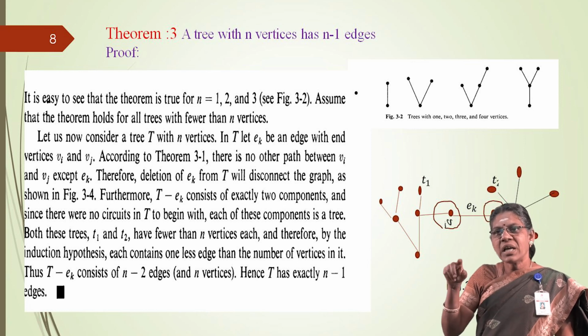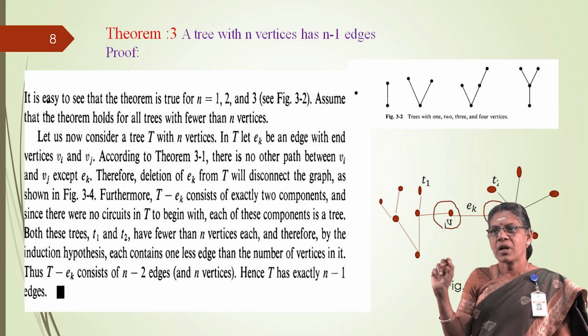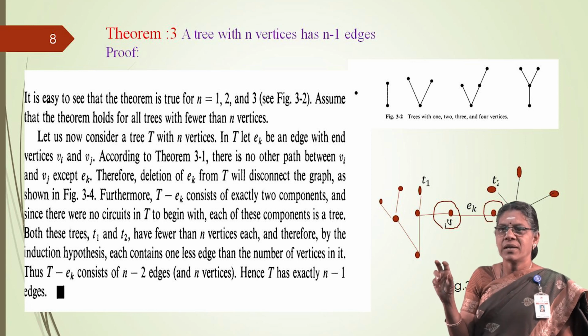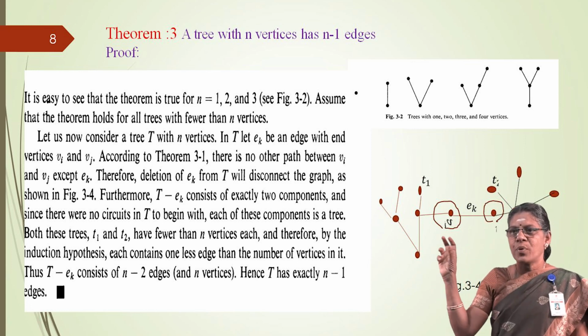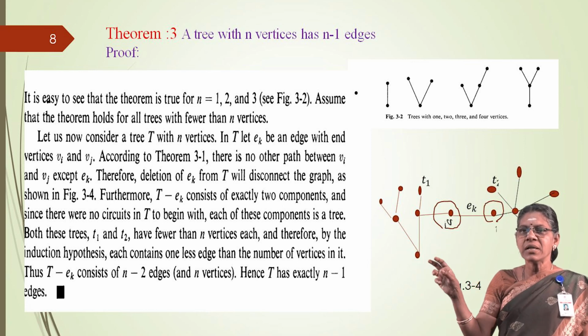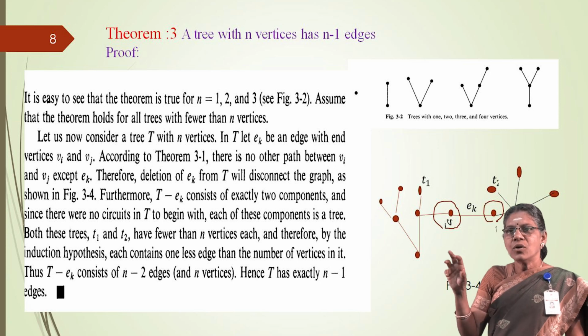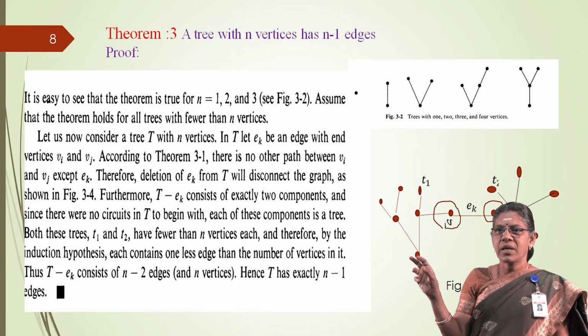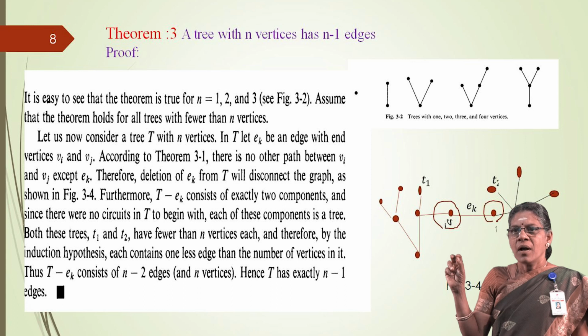Therefore, T minus Ek consists of exactly two components. And since there are no circuits in T, each of the components is a tree.